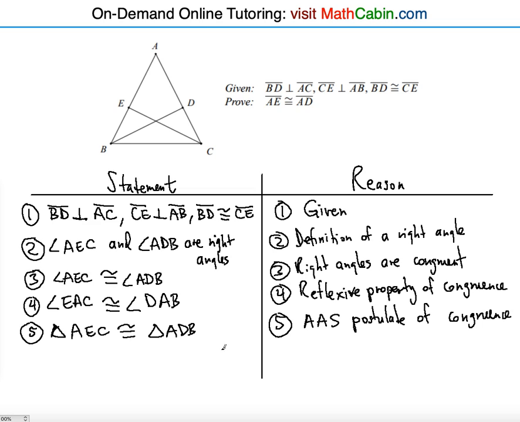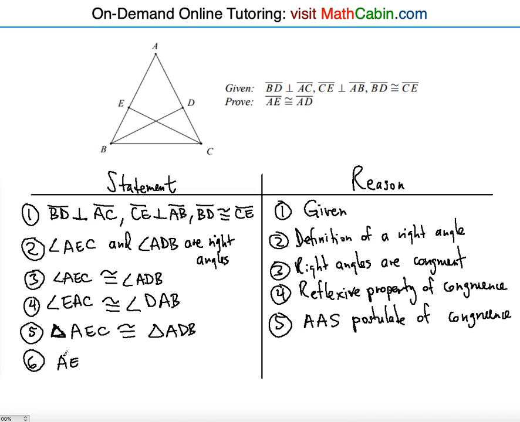Okay, excellent. Now, since these two triangles are congruent, their corresponding parts will be congruent as well, and that's what we're trying to show, because these two are individual parts of these two triangles respectively.